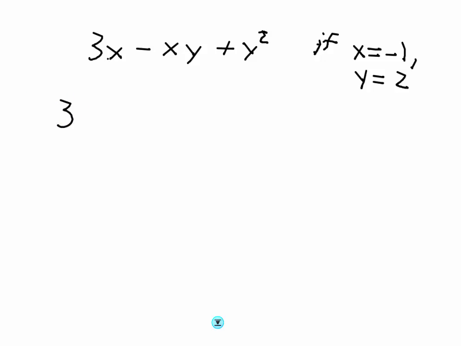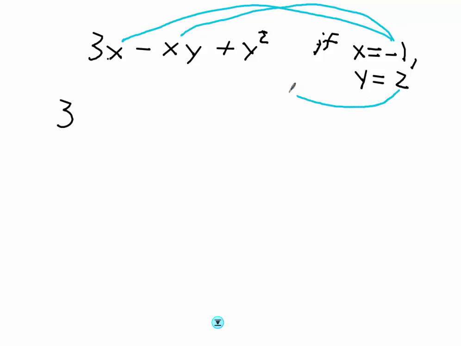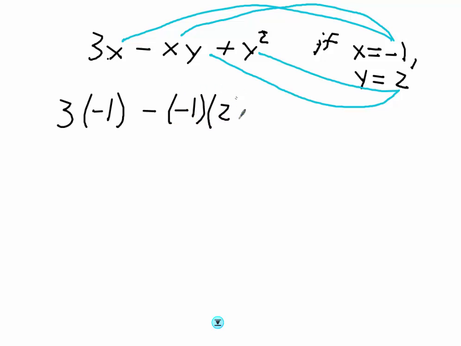So I'm just going to rewrite this once I substitute in negative 1 for x and a positive 2 for y. Okay, so now it's going to become 3 times negative 1 minus negative 1 times 2 plus 2 squared.